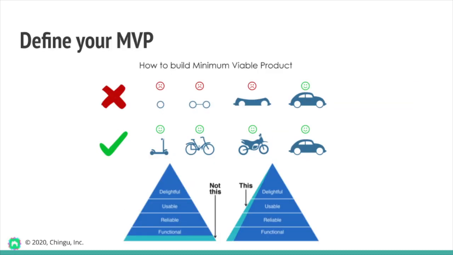Now that you've selected the application you'd like to build, you're ready to find your MVP. But first, let's take a moment to review what an MVP is. In Agile, the goal of each sprint is to implement and refine features and deploy a working version of the application.